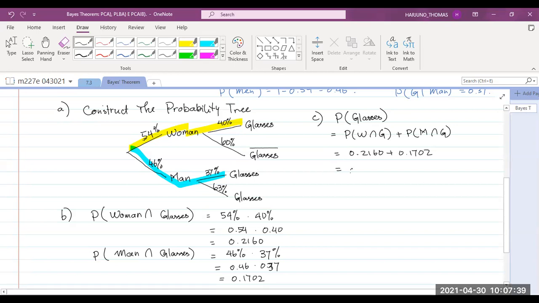And I get 0.3862. This is the proportion of the whole population wearing glasses.